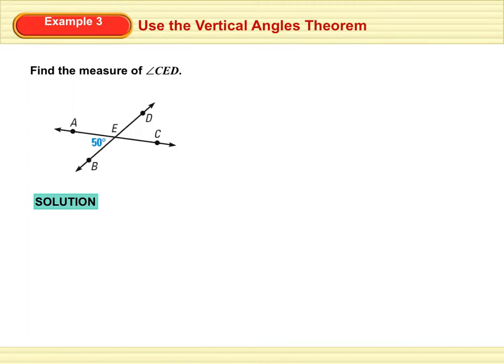Let's see how we use the vertical angles theorem. In this case, I'm asked to find the measure of CED. So CED is right here, this angle here. Now, I know that AEB, because this is a scissor angle, right, my angle AEB is 50 degrees. And AEB and angle CED are congruent by the vertical angle theorem.